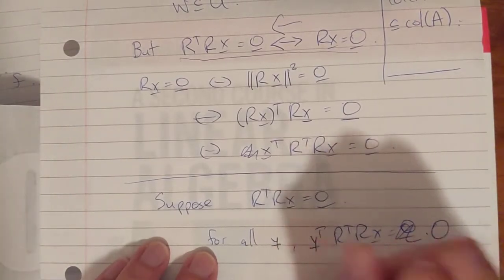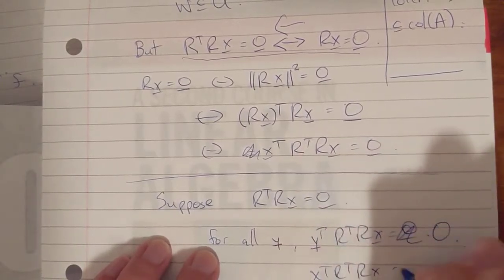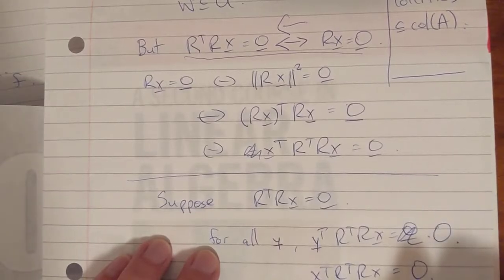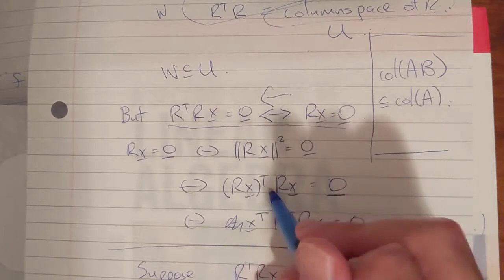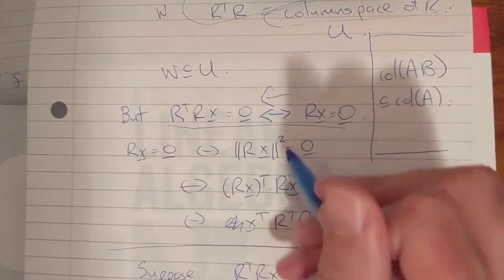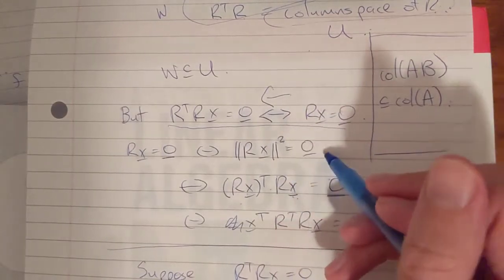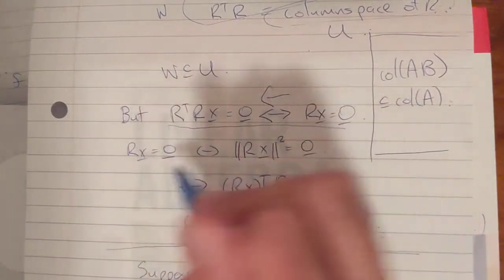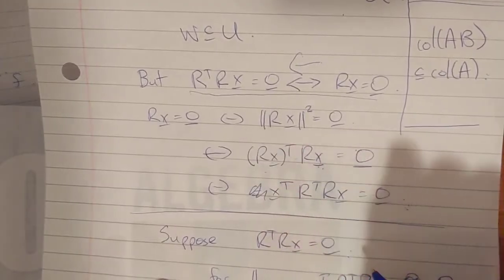And in particular, you can take Y equals X. In particular, X transpose R transpose Rx equals 0. But now X transpose R transpose Rx is just (Rx) transpose Rx. That's the dot product of Rx with itself. That's the norm squared of Rx. The norm squared of Rx equals 0 if and only if Rx equals 0. So if R transpose Rx equals 0, then Rx equals 0.